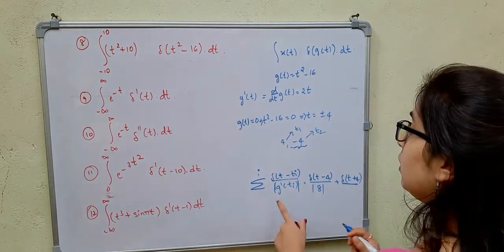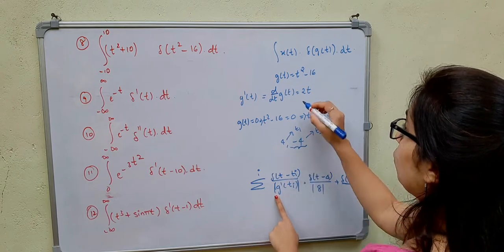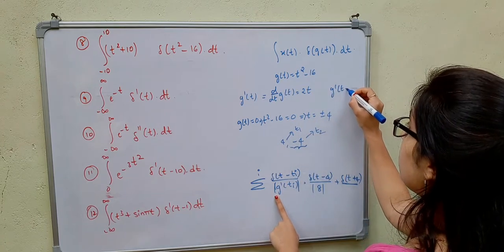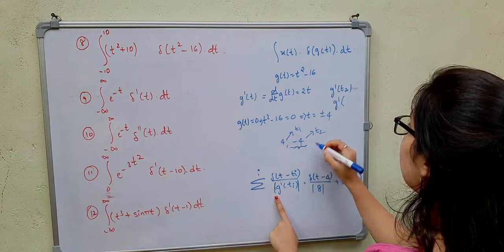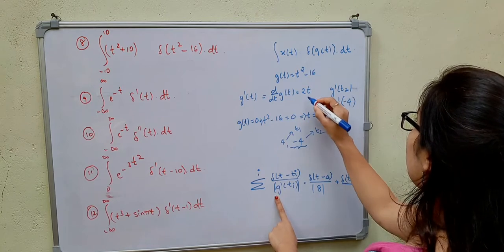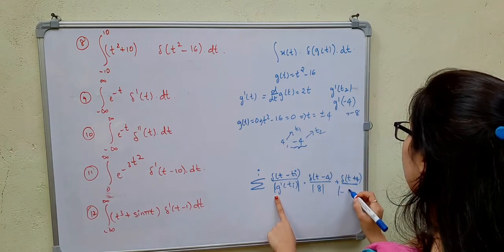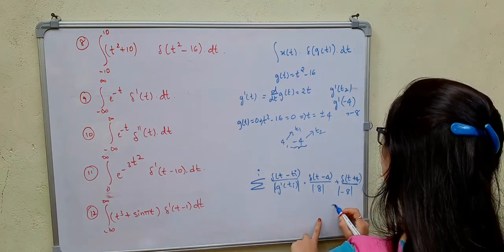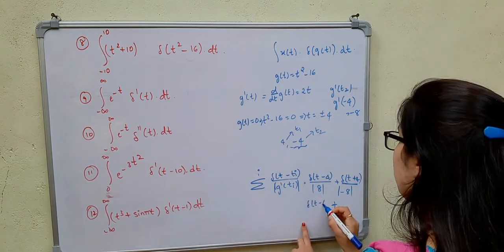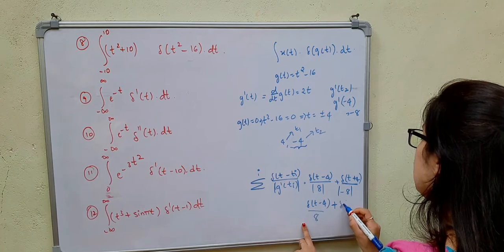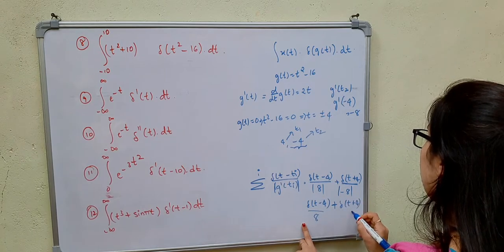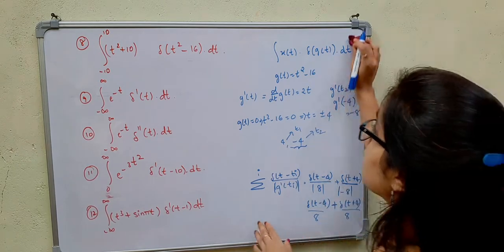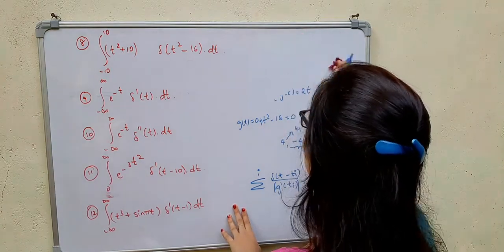Then you have g dash of t2, which is nothing but g dash of minus 4, that will be equal to minus 8. So here I will consider mod of minus 8. So this is nothing but delta of t minus 4 divided by 8 plus delta of t plus 4 divided by 8.